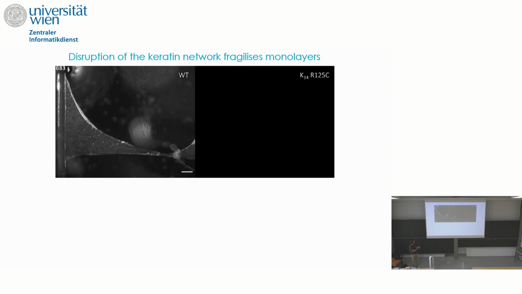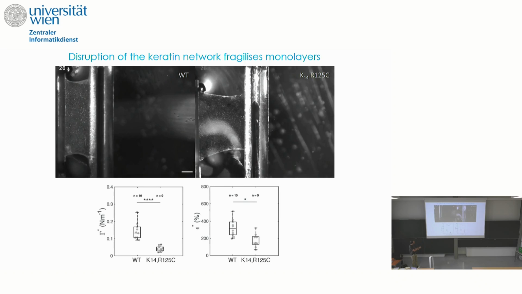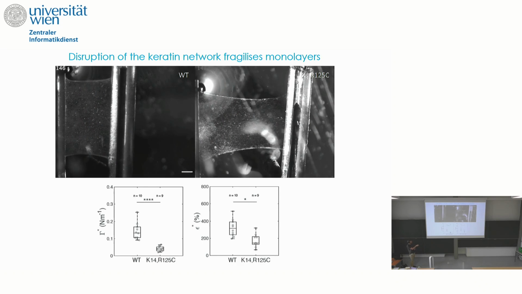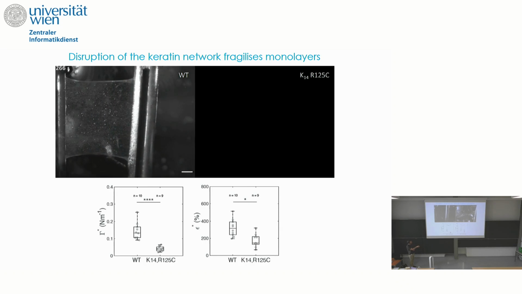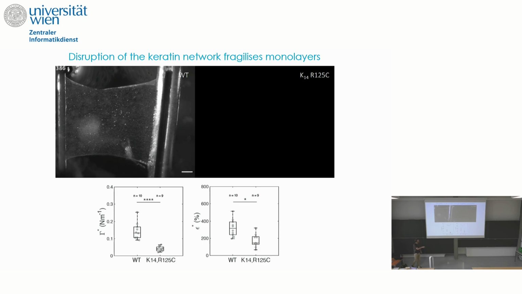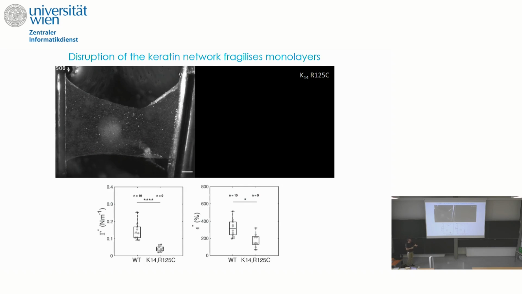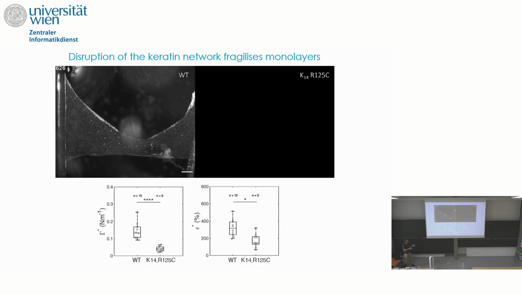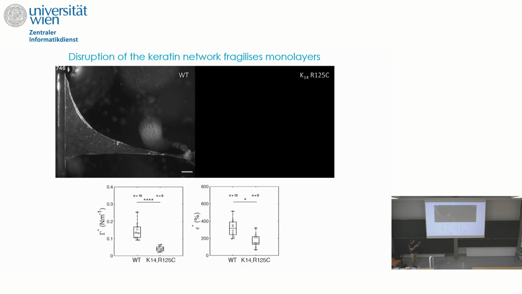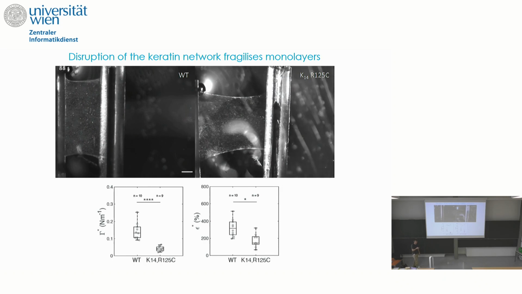And that ruptures a whole lot earlier than this one. Of course you can be more quantitative. When we look at the rupture tension and the rupture strain, this is lower for the keratin 14 tissues. So we do have more fragile tissues when we disrupt the keratin intermediate filament network.